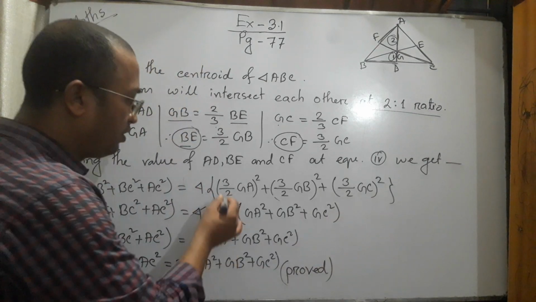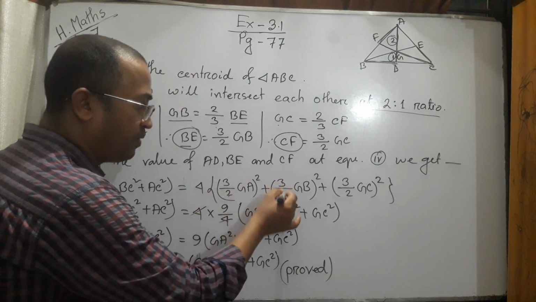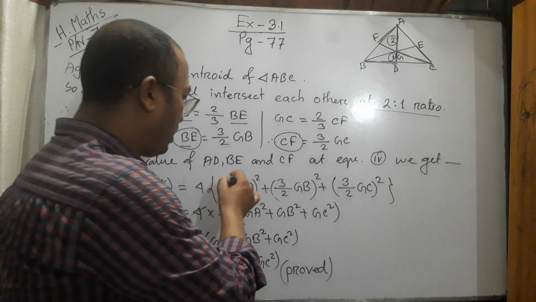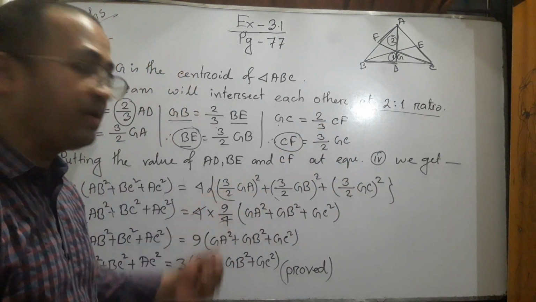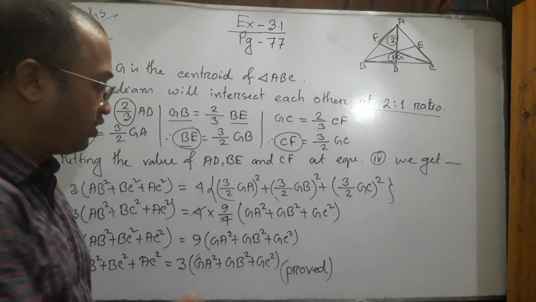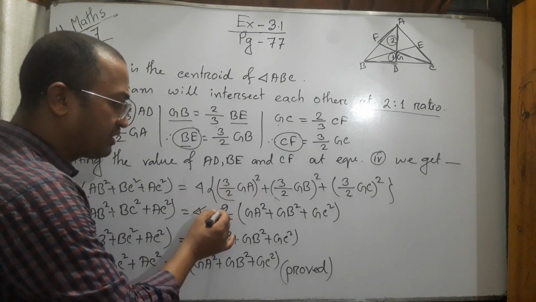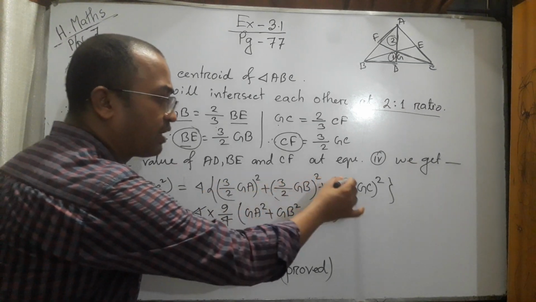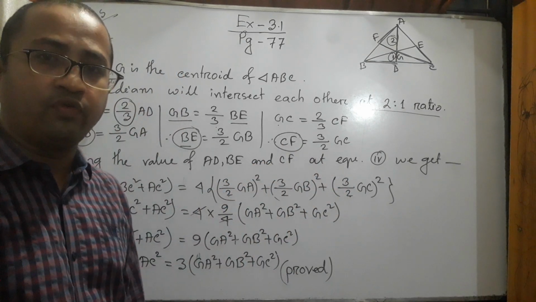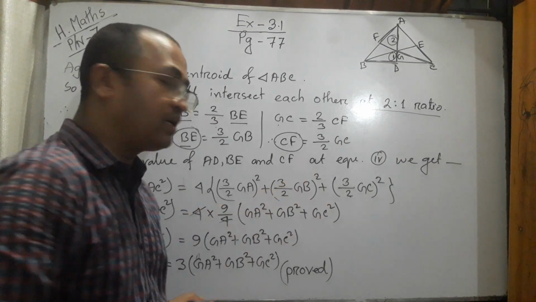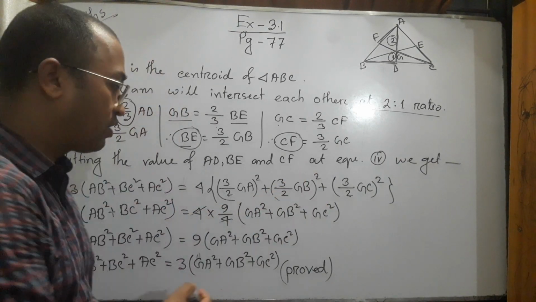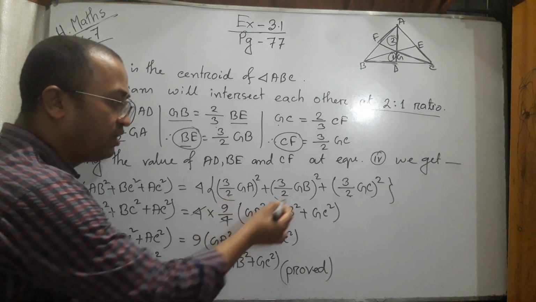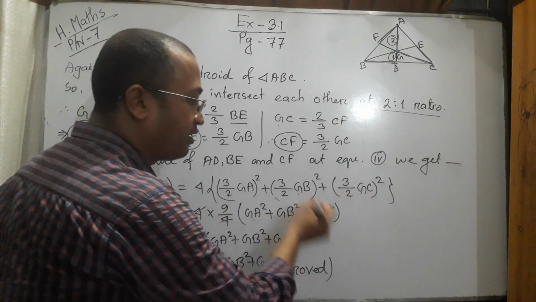Now look, 3/2 whole square, 3/2 whole square, 3/2 whole square. If you square 3/2, it will be 9/4. Here is 9/4, here is also 9/4, and here is also 9/4. From these three terms, we can take 9/4 common, and it remains GA square, GB square and GC square.